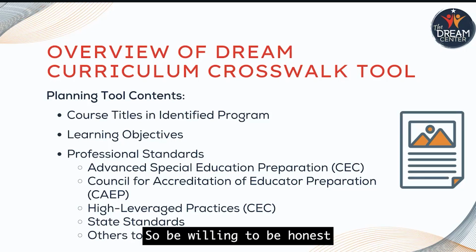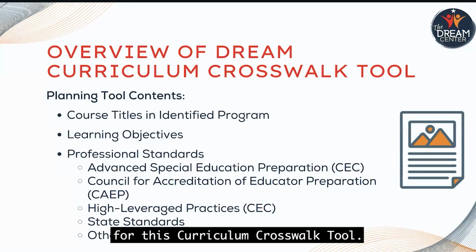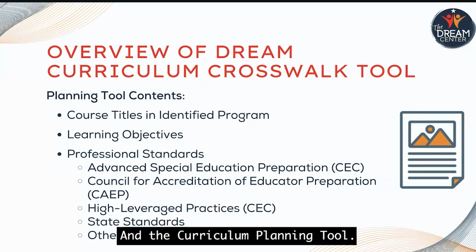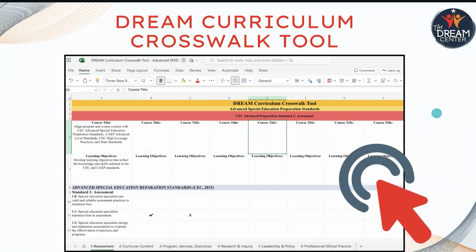So be willing to be honest with things that are there. And like I said, a Band-Aid or changing two or three outcomes or standards may not make it. So thank you again, Maria, and your team for this curriculum crosswalk tool and the curriculum planning tool. Do you want to speak any more about that tool, Maria?